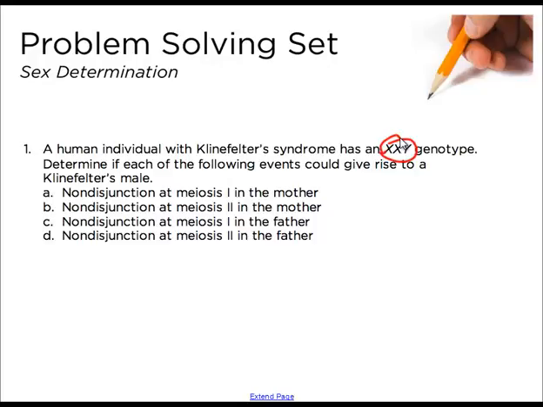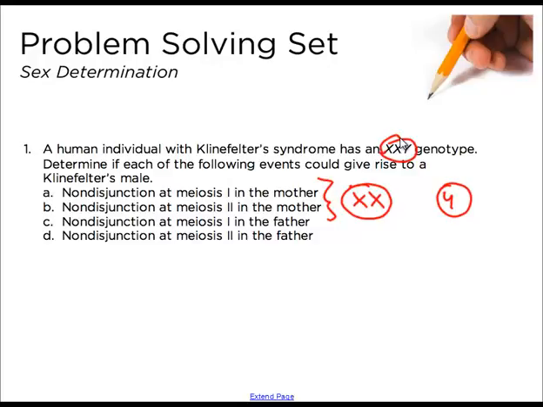Now, if the problem's in the mother, then the only place the Y can come from is the male, so that's a normal male gamete, right? What we're really asking is, can the mother make a gamete that's got two X's in it? In other words, the two X's that she had failed to separate, which is what non-disjunction means.